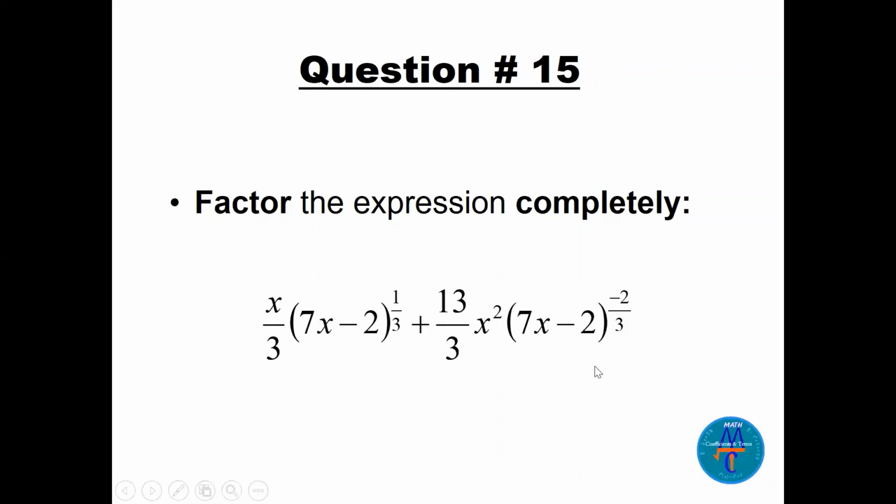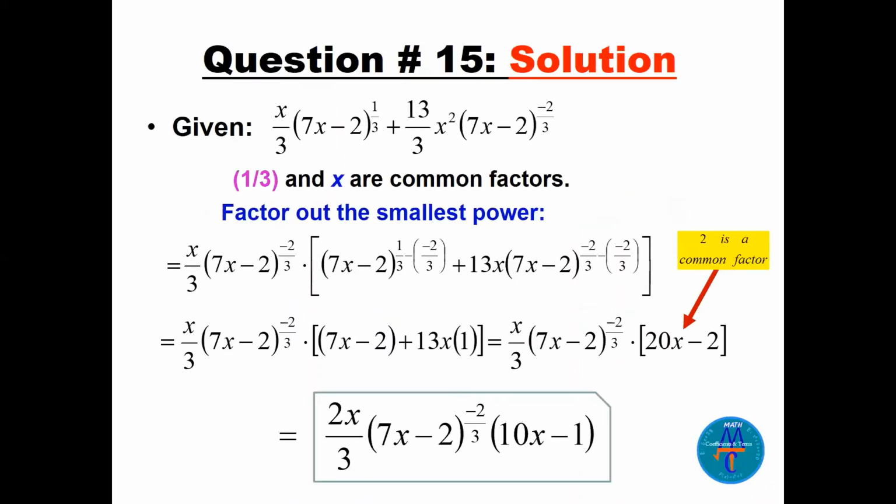Let's see how the answer will look. So 1 over 3 is common. See, 1 over 3, I take it out. And there is x also common. See, x out. X out, that means I will leave here 1x. You see this x? And the 13 also is inside.